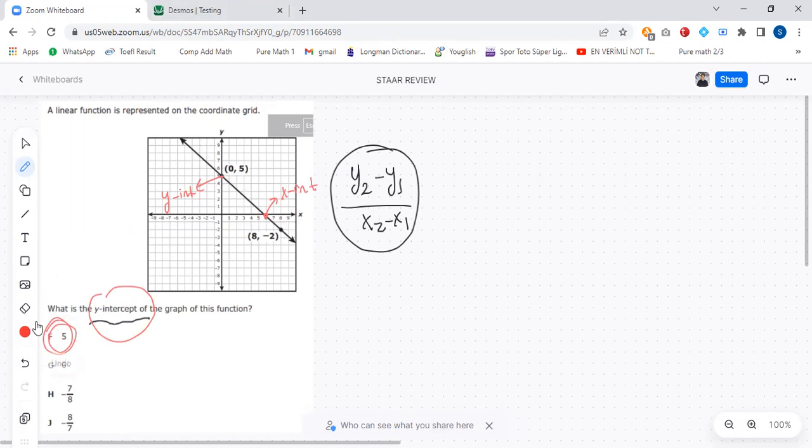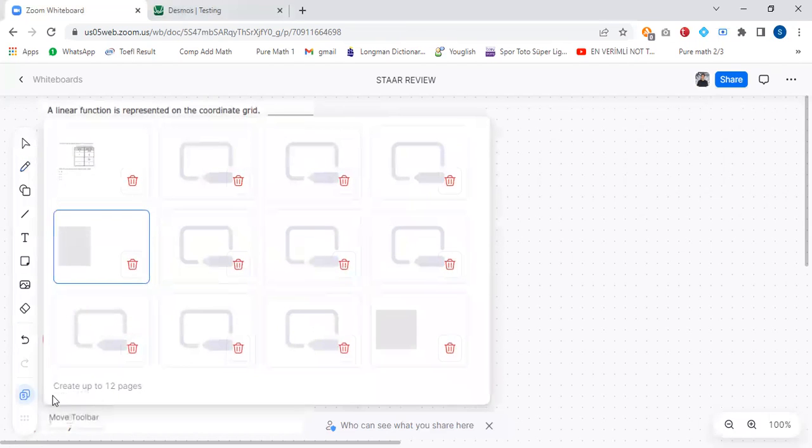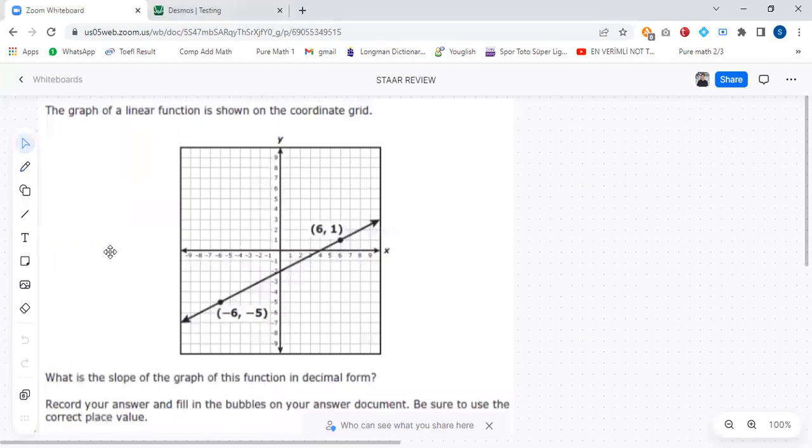All right, so let's look at the next problem. All right, guys. So the graph of a linear function is shown on the coordinate grid. What is the slope?